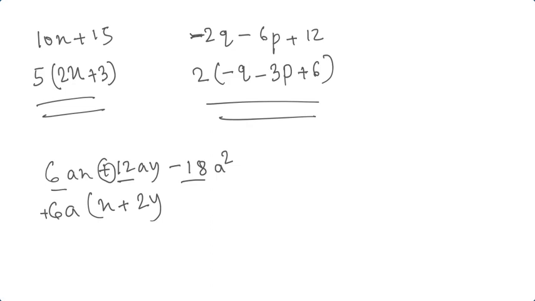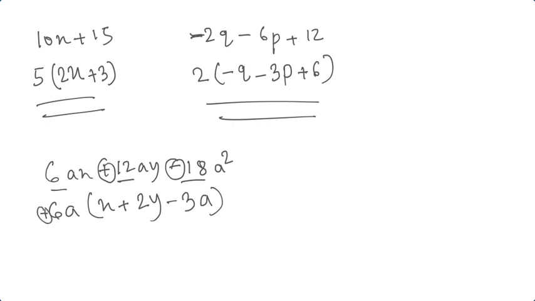And here we have minus, so it should be, plus 6a times minus gives minus here, so we have already 6a, let's take first number, 6 times 3 is 18, we have already a and we need a squared, so a times a gives a squared, so this is the answer.